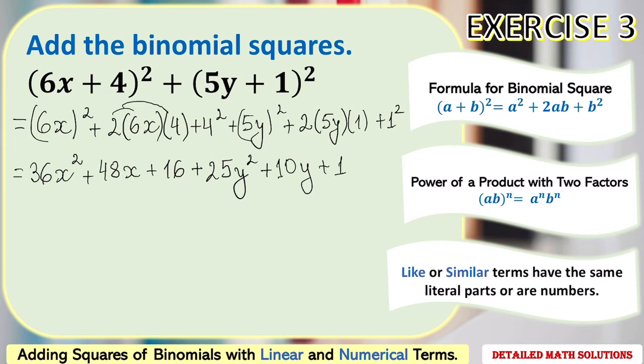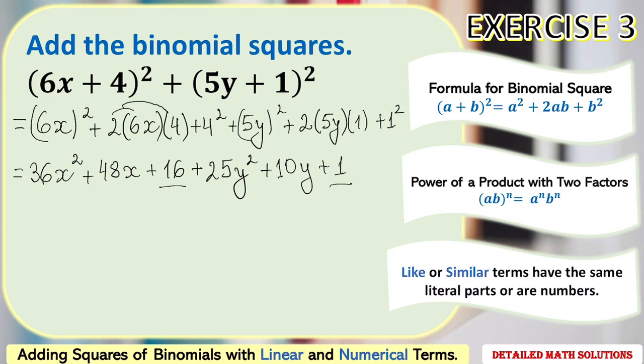As a next step, I need to add all like or similar terms. Like or similar terms are those that have the same literal parts or are numbers. In our exercise here, 16 and 1 are the only terms that are similar. The rest do not have the same literal parts, therefore they're not like terms and we can't add them.